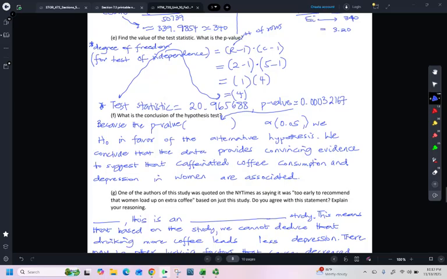With that p-value, I'll take it into the decision making platform, and I compare the p-value as usual, 0.00032167, which is definitely lesser than alpha, the level of significance, if it is set at 0.05. And when the p-value is lesser than alpha, of course, we reject the null hypothesis in favor of the alternative.